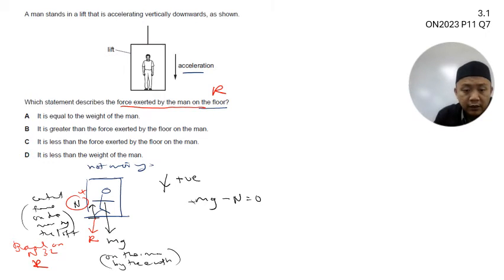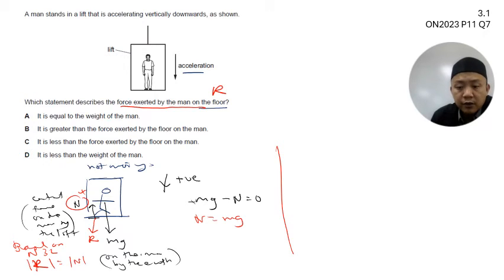Based on Newton's third law, the magnitude of R is equivalent to the magnitude of N, but the directions are different. From here we know that N is equal to mg. So this is the first case, when the lift is not moving.